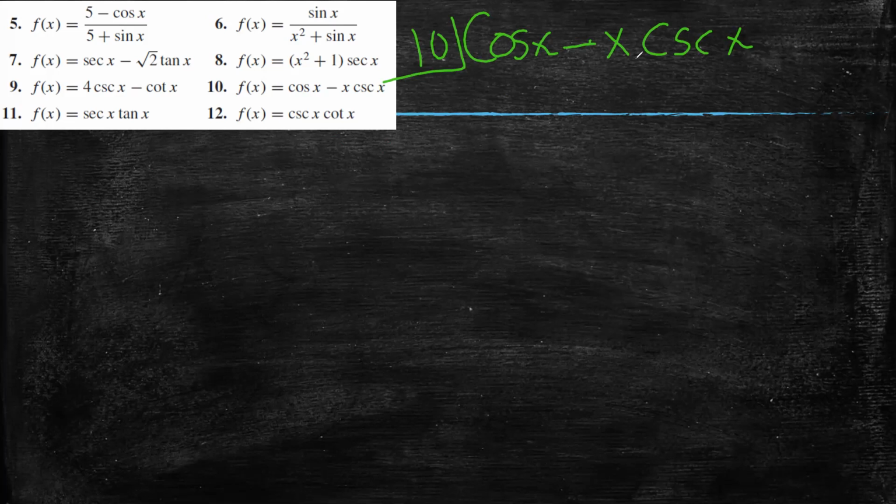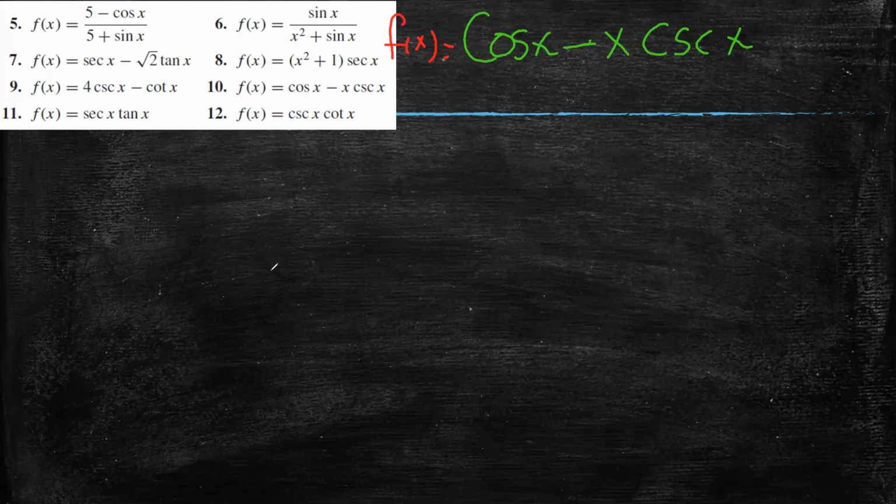So here we have to use first the power rule, then after that the derivation of cosine. So the first step here, let's say that f of x is cosine minus x cosecant.